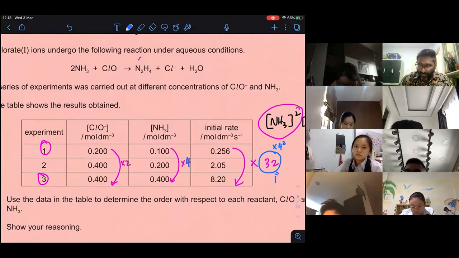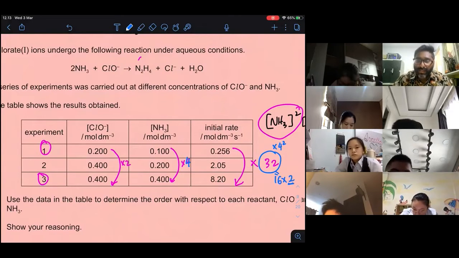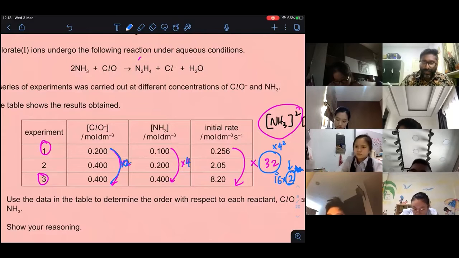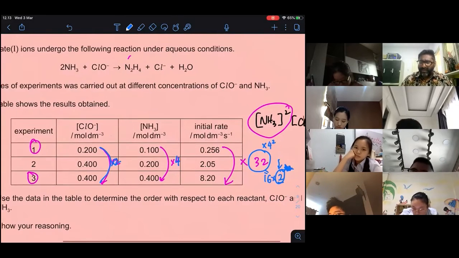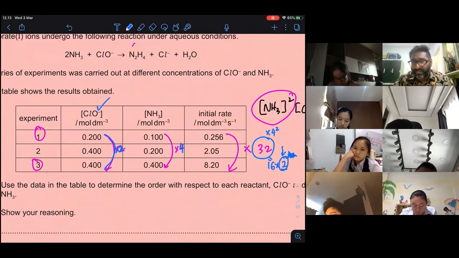So 32 is going to be 16 times what? 16 times 2, you will get 32. And that 2 is coming from where? That 2 is coming from here. When you times by 2, it's going to be times by 2. So it means that if times 2, this one is going to be first order with respect to ClO minus.